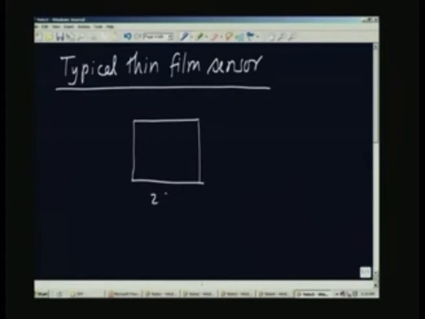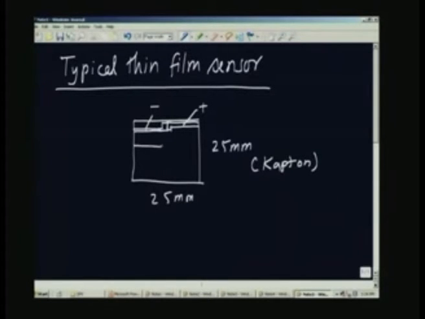We have about 25 millimeter by 25 millimeter film of Kapton, and I am going to deposit the thermocouple material in the form of thin film like this. This is a positive, this is negative material, and the junction is formed here. This is the junction, and in fact I will have a number of them.